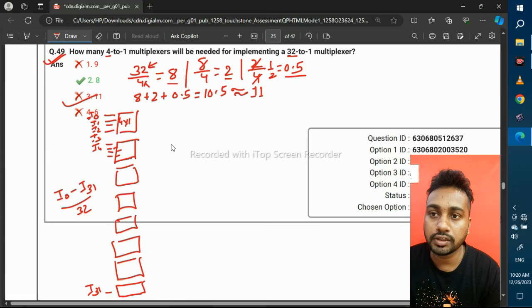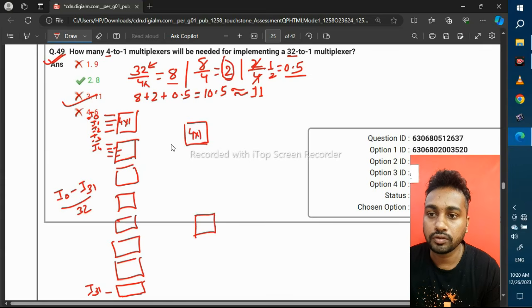Now in the second stage we need 2 multiplexers. So we put 2 multiplexers here, 2 4 into 1 multiplexers. The outputs will be connected here, this will go here, and this will go here.